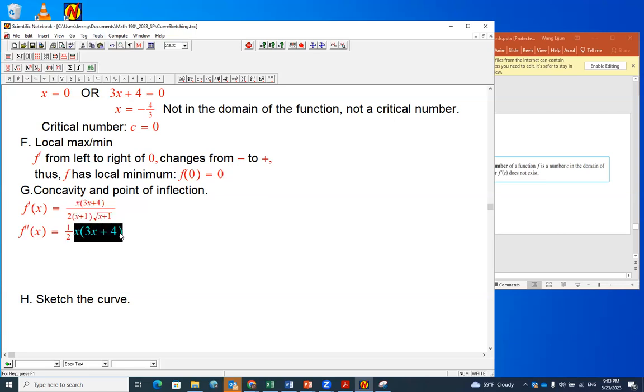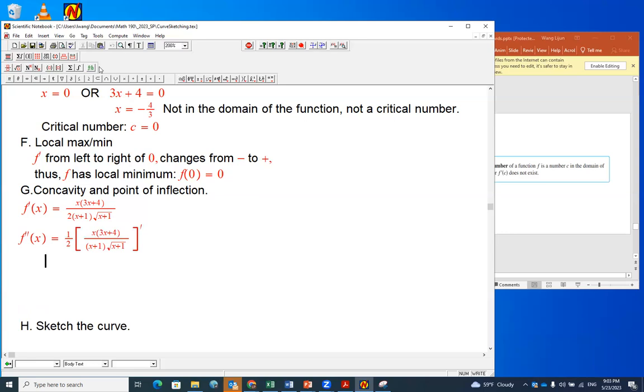I'm taking the derivative of the part and bringing the 2 outside. Just make it a little bit simpler, okay? So we have the 1/2 outside, and then we apply the quotient rule. So that means we're going to square the denominator.